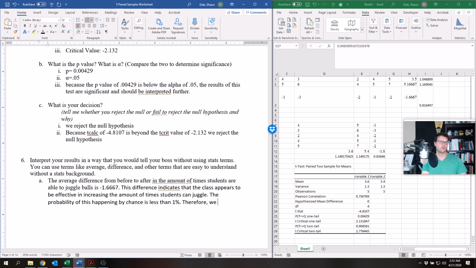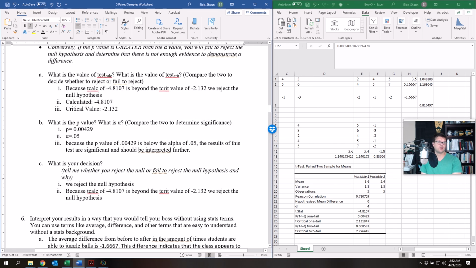Therefore, we can be very confident that this class is the reason why students are able to juggle more times at the end of class. So that right there is the interpretation. It gives information to your boss about what they need to know. There is, the difference score is huge. That's where the result is coming from.